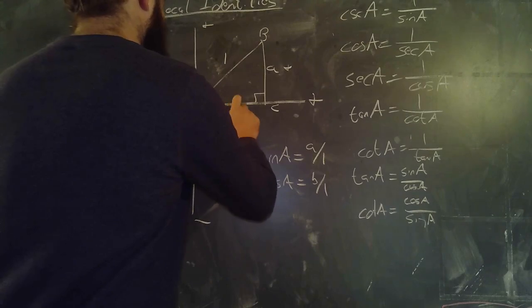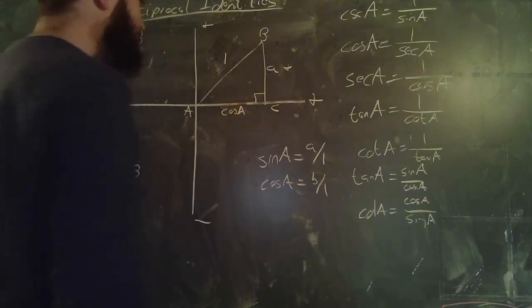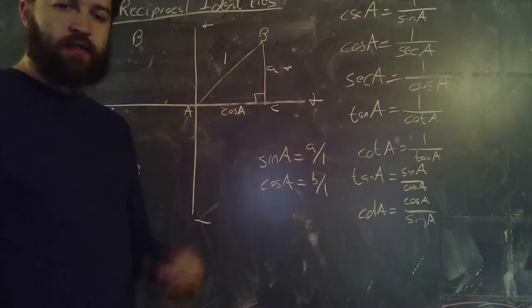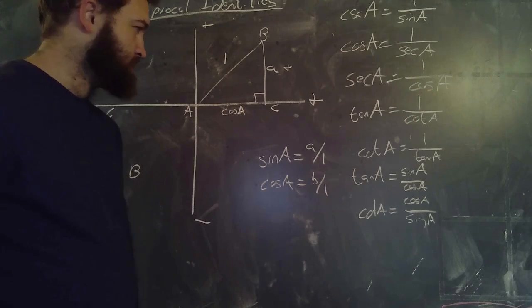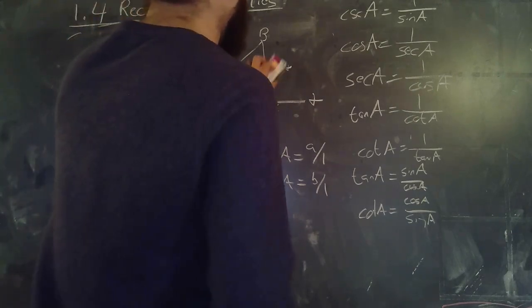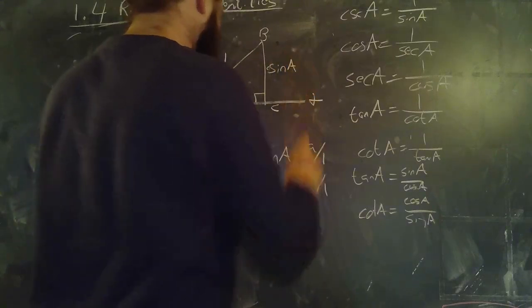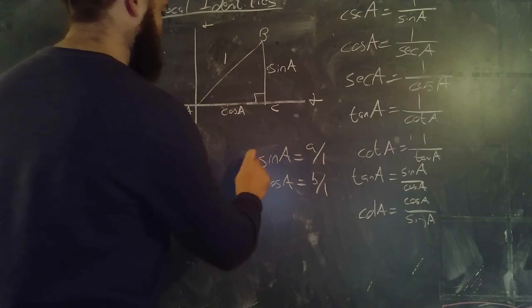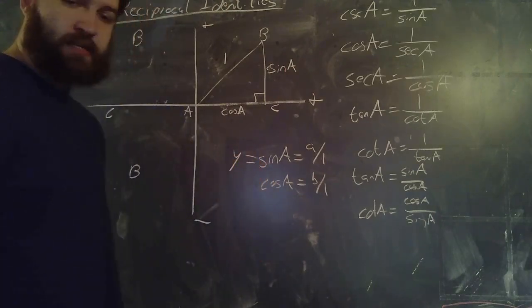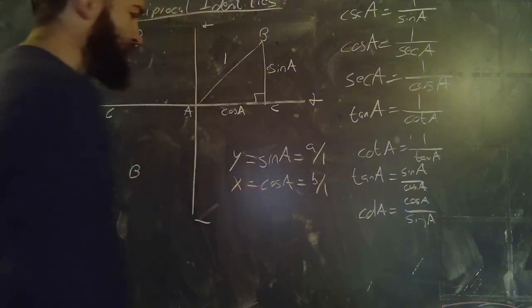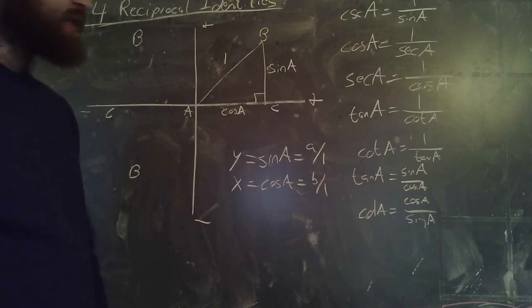So if cosine is b, then notice that cosine has the effect of describing the distance in the x direction. And if sine is a, then sine has the effect of describing the distance in the y direction. In other words, the y's are the sines, and the x's are the cosines.